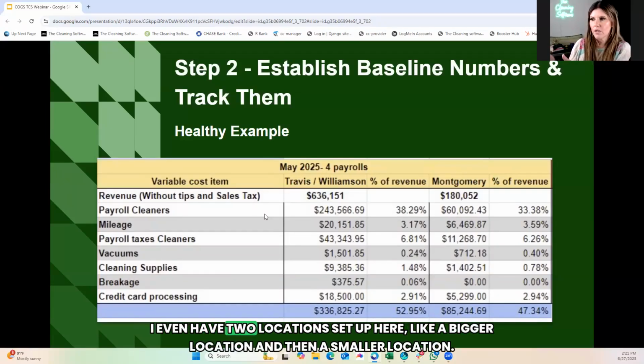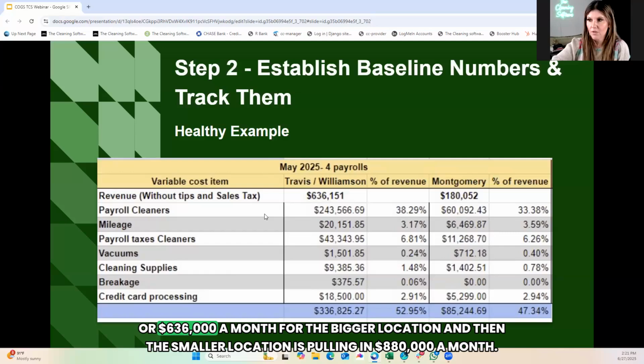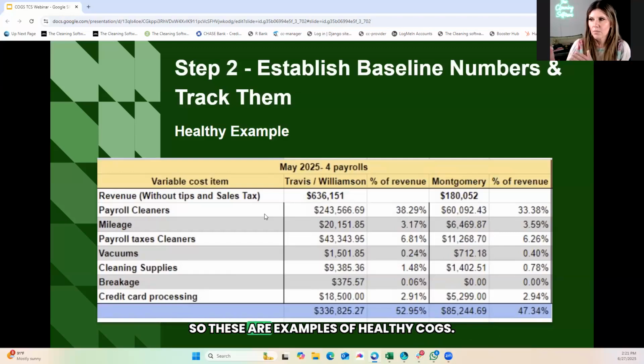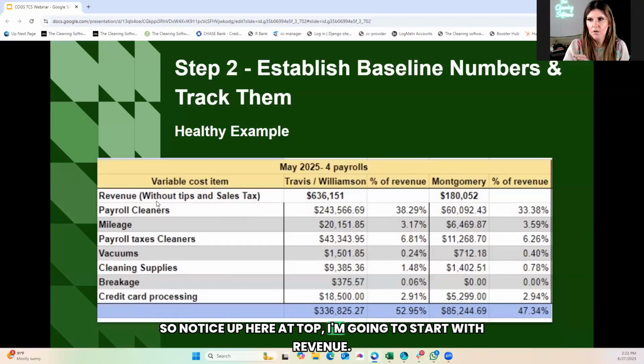I even have two locations set up here, a bigger location and a smaller location. You can see at the top that's $636,000 a month for the bigger location, and the smaller location is pulling in $880,000 a month. So these are examples of healthy COGS. I'm breaking down and measuring them by percentage of each section. Notice up here at the top, I'm going to start with revenue.